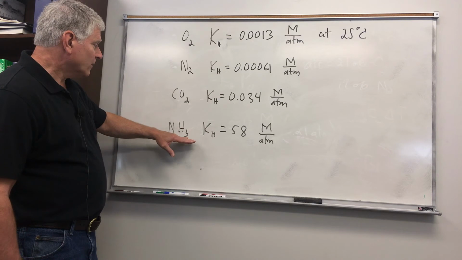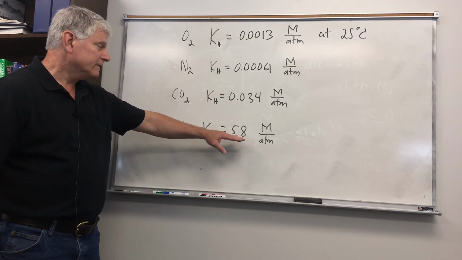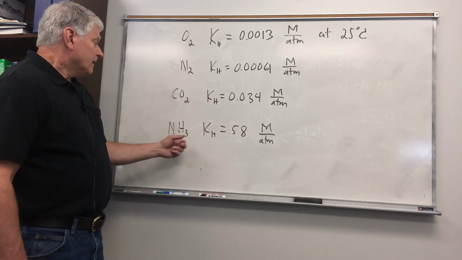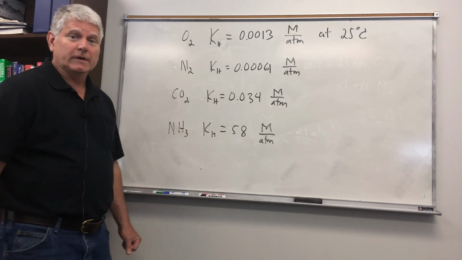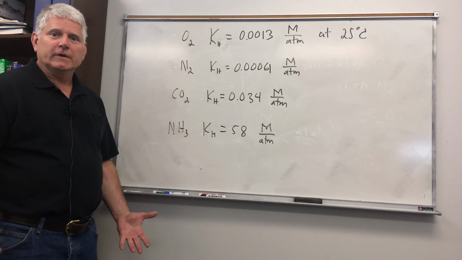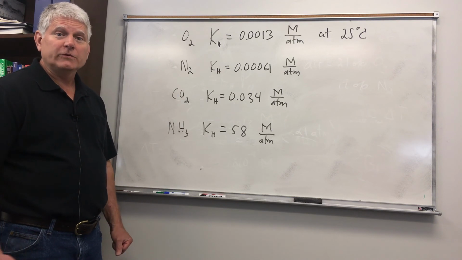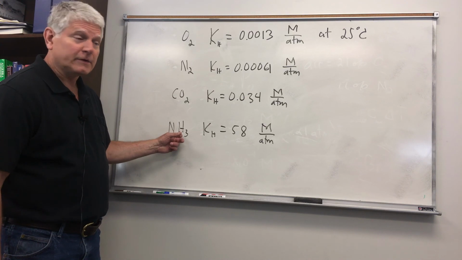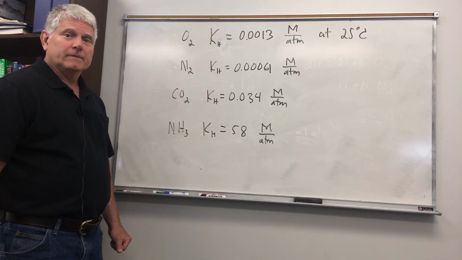And then if we look at ammonia, you can really load up ammonia. The KH is 58 molar per atmosphere. So water really dissolves ammonia gas. This way farmers can dissolve a ton of ammonia in water, and then they can spray that solution onto their fields as a fertilizer, a nitrogen-based fertilizer. So water will dissolve a lot of ammonia, which is convenient.